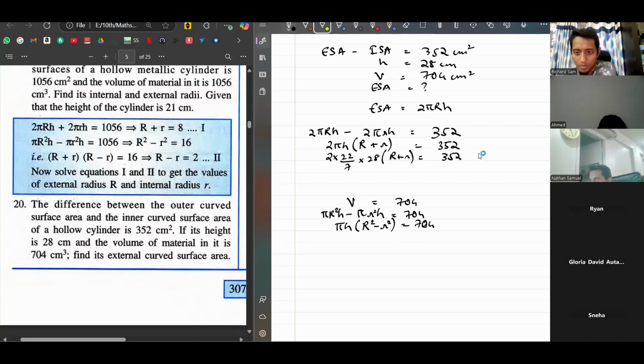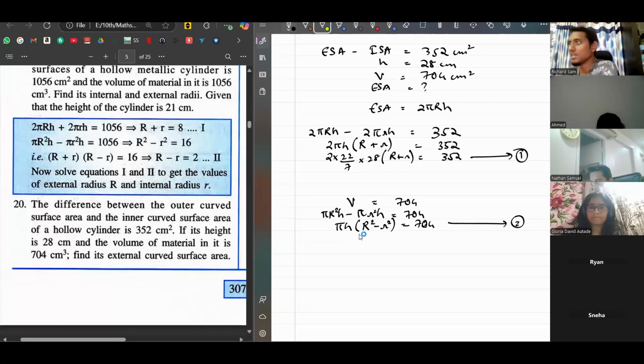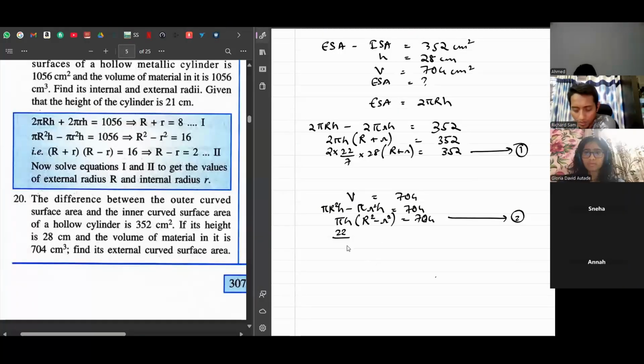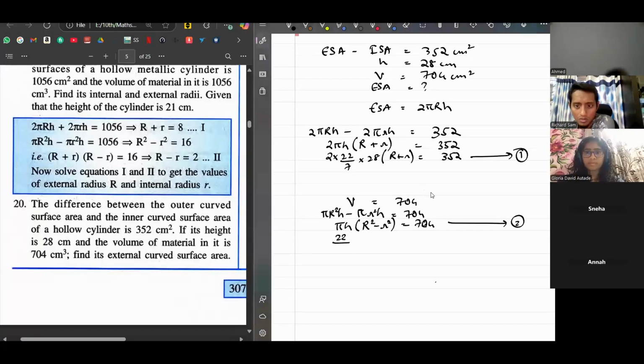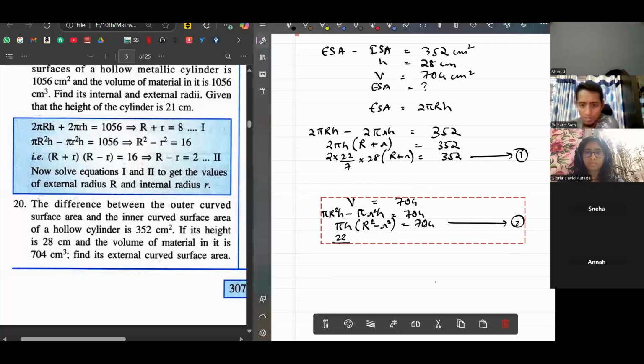Okay, now look at both these formulas. This one, if we solve, we'll get capital R plus small r. This one, if we solve, we'll get capital R square minus r square. Okay, so let's do that first. I'm substituting the values in this. We'll have to do both, so we'll keep a little more space and solve both.